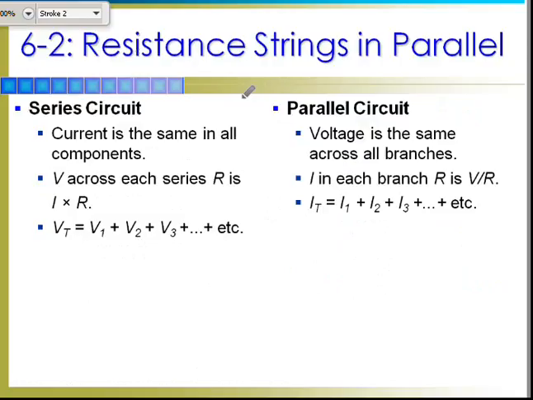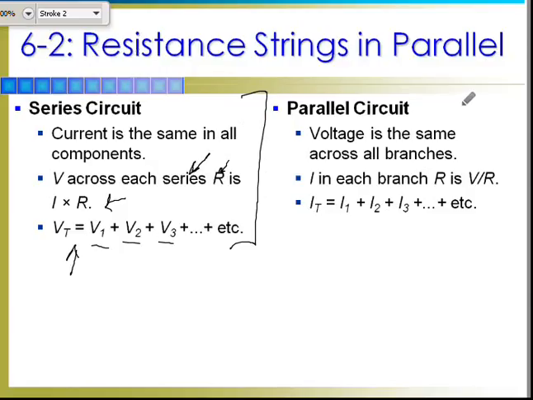So, once again, the characteristics. In the series portion, current is the same in all components. Voltage across each series resistance is current times resistance, and the total voltage is going to equal the voltage drop across each resistor.